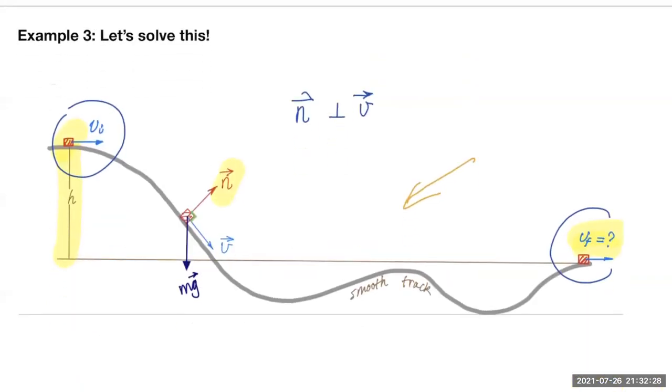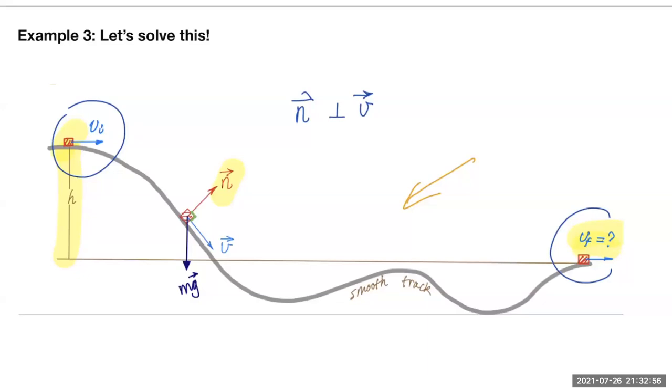This problem here, right? You have a block sliding down along a smooth track with no friction, but the detailed shape of the track is unknown. After dropping a vertical distance h, how fast is the final speed? You're given initial speed, you're given the fact that it's a smooth track with no friction, and you're also given the vertical drop, but you do not know the details of the shape of the track.